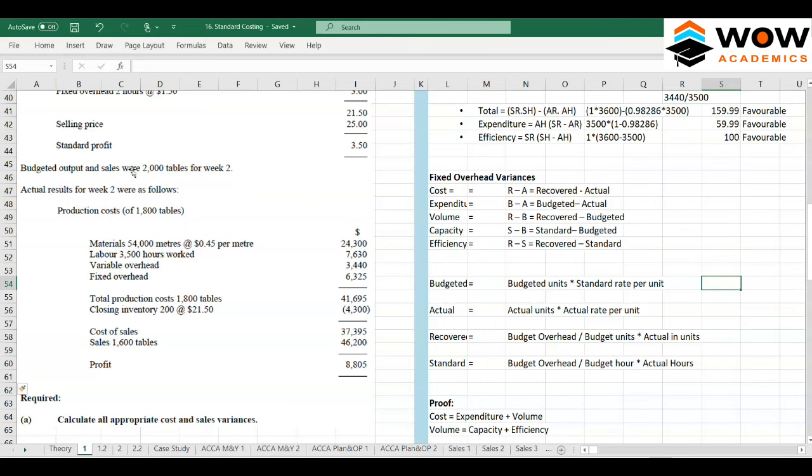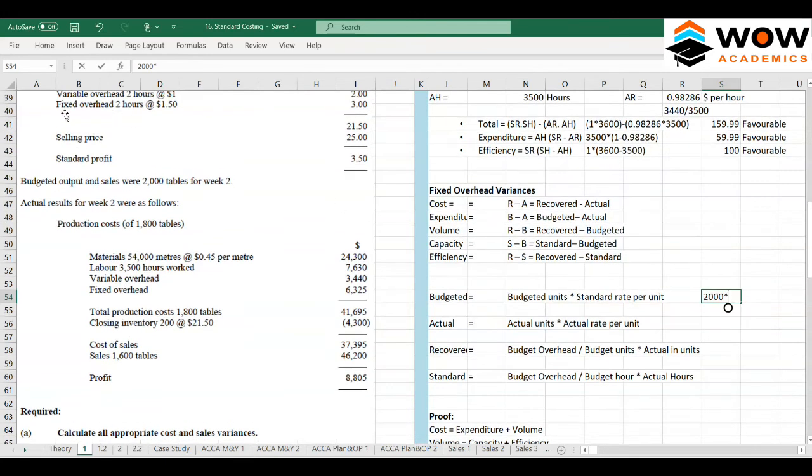Budgeted units, they thought of producing 2000 units into the standard rate per unit. What is the standard rate? Only the standard fixed cost rate. If you see this problem, the fixed cost hours is 2 hours and the rate is 1.5. So the standard rate is 1.5. So we got that.